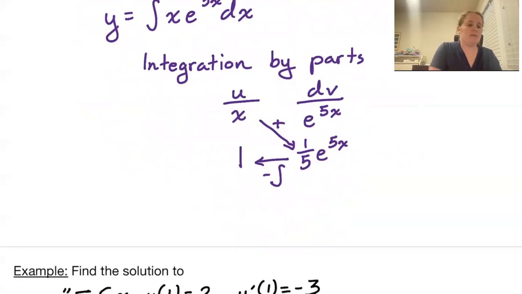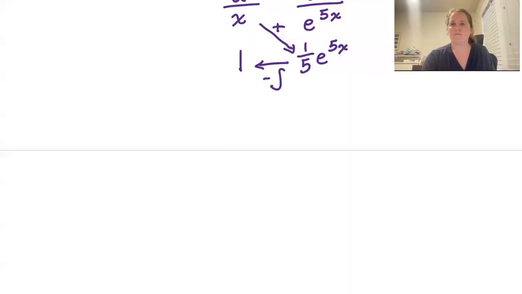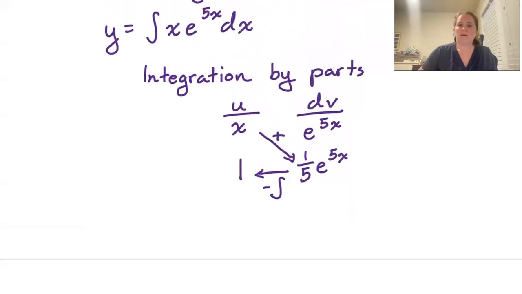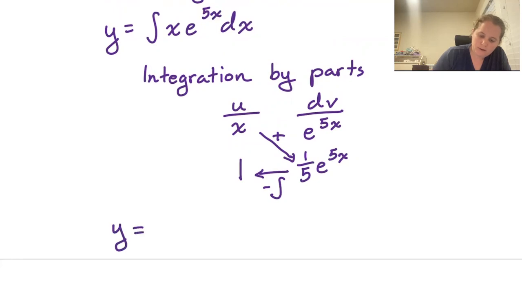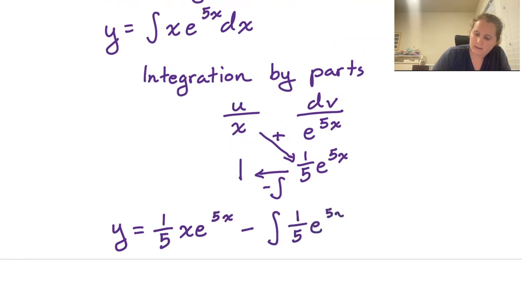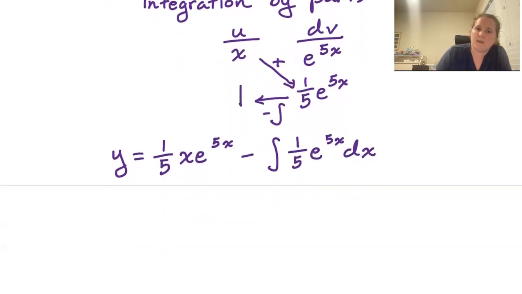So from here, we therefore have that y is equal to 1/5 x e to the 5x. Then we are subtracting the integral of 1/5 e to the 5x dx. And then plus c if you want to view it, or we can do the plus c once we do our final integration.